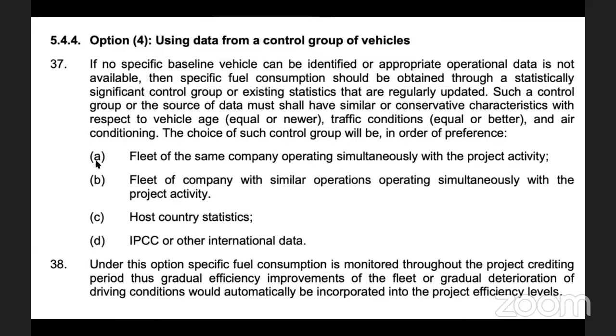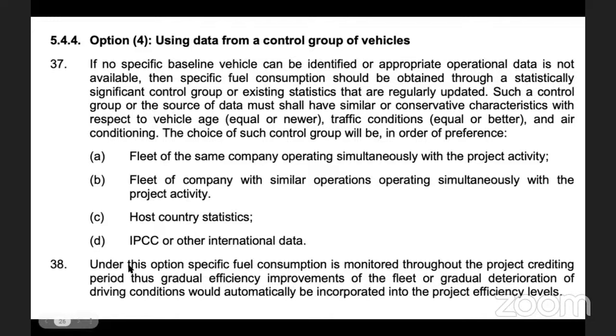A. Fleet of the same company operating simultaneously with the project activity. B. Fleet of a company with similar operations operating simultaneously with the project activity. C. Host country statistics. D. IPCC or other international data.